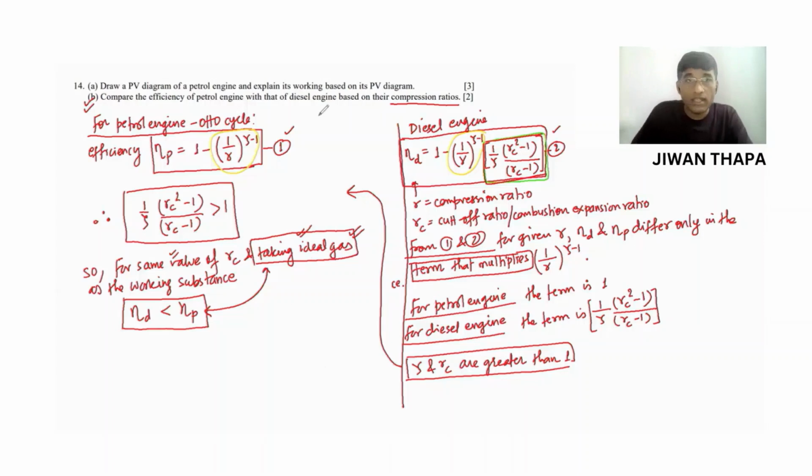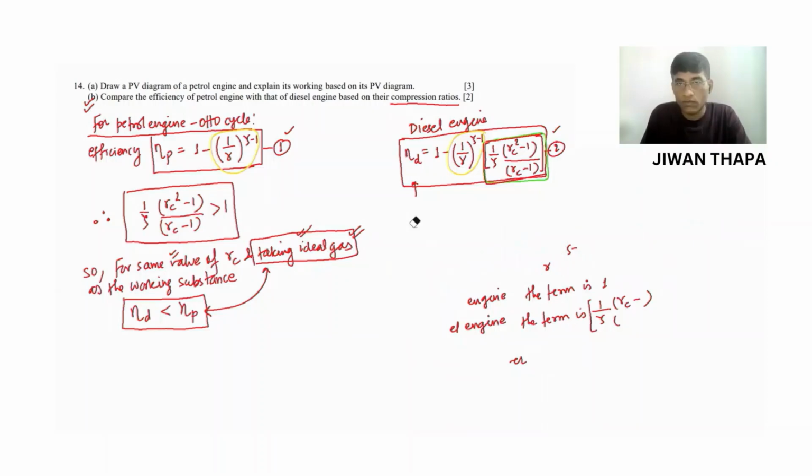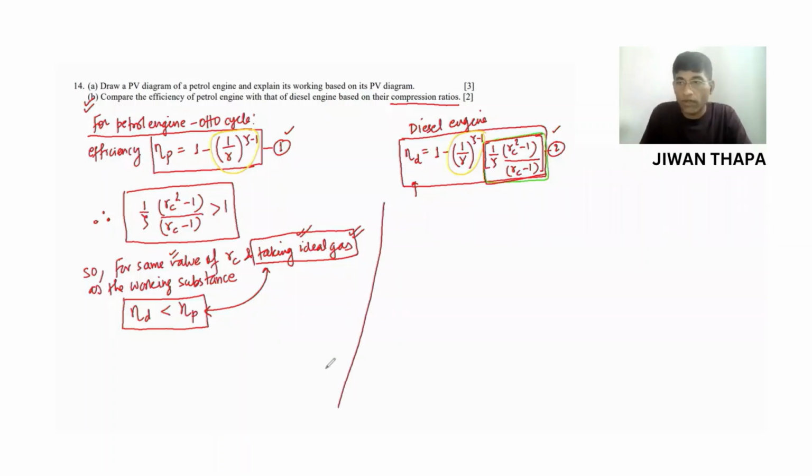Now what do you find in real practice? In real practice, for the petrol engine, the compression ratio lies between 7 to 9.